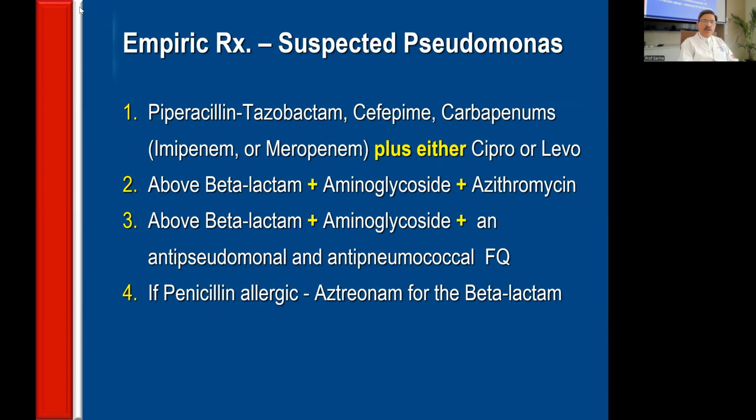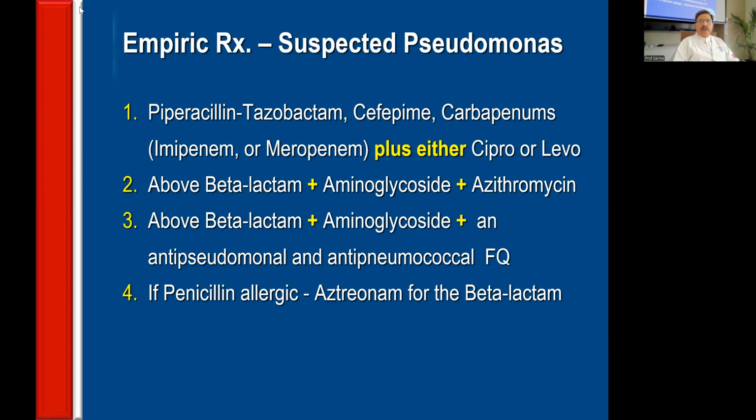Now, suppose I suspect Pseudomonas, depending on the pattern, or he had a urinary infection earlier with Pseudomonas, now he has probably bacteremia and Pseudomonas infection, and the sputum also is suggestive of Pseudomonas. Then you have to use piperacillin tazobactam combination, piptaz, it is coming, all of you know.